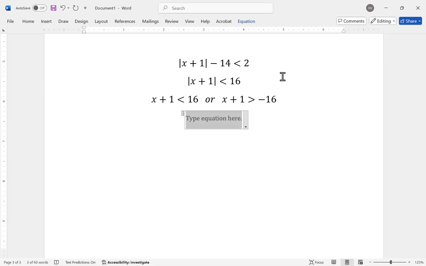Solving each of these just takes a subtraction of 1 on either side. If I do that, on the left-hand side, I get x is less than 15. My right-hand equation says x is greater than -17.